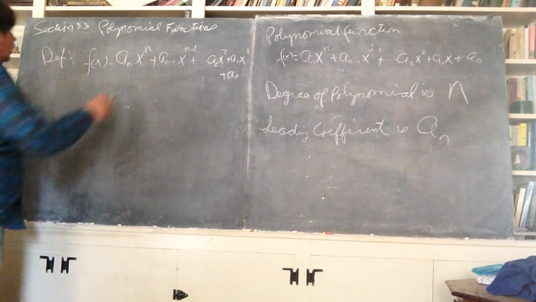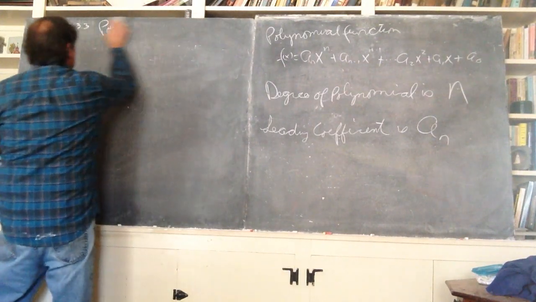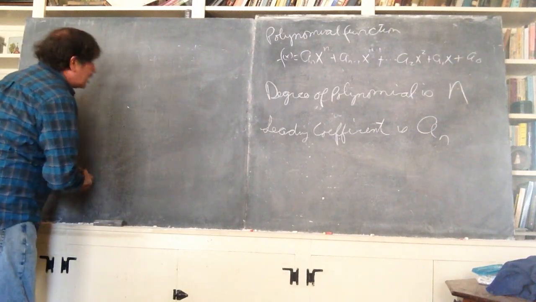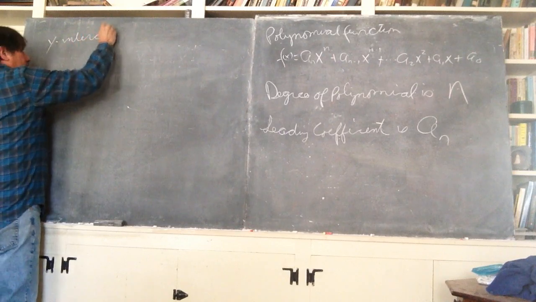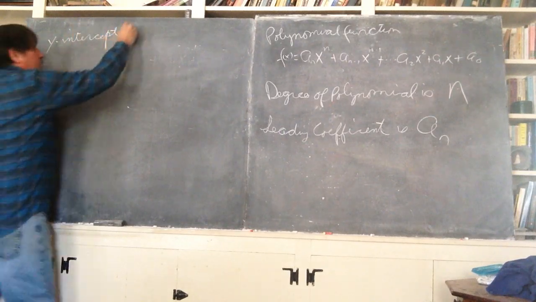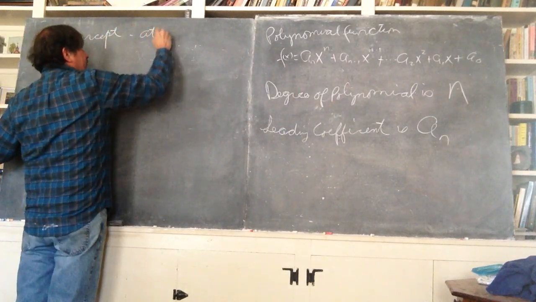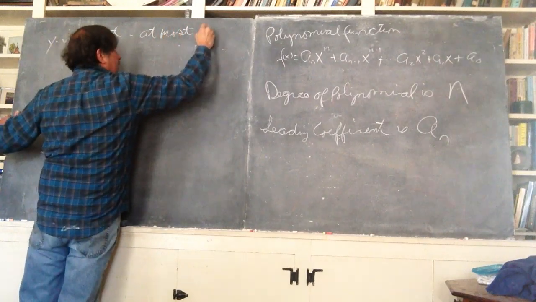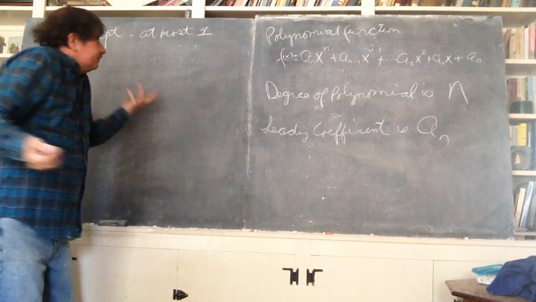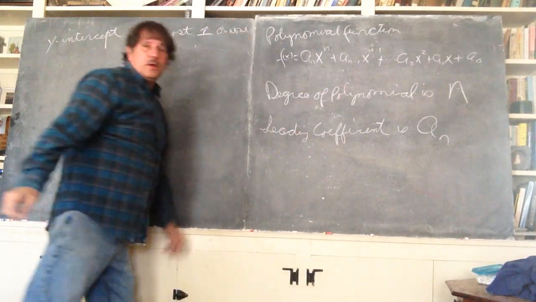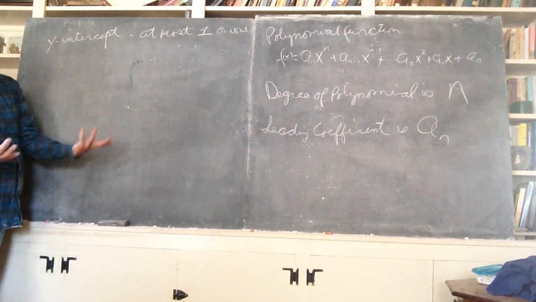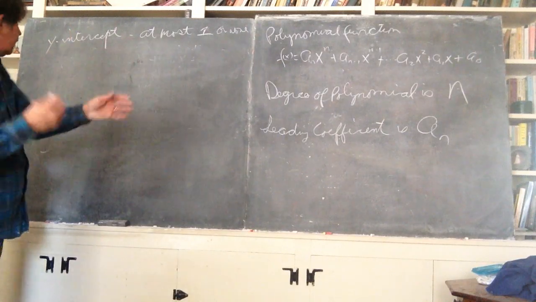A couple of things about this, and then a table. The y-intercept: in any polynomial function, there's 1 or none, at most 1, because it is a function. So if it crosses the y-axis once, it can't cross it twice.